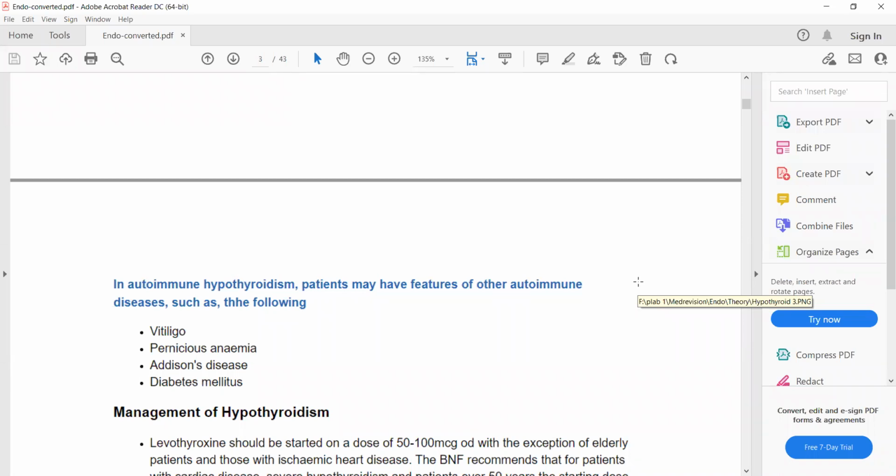Because T3 and T4 are low, they will stimulate the production of TSH from the pituitary gland through a negative feedback mechanism. So in primary hypothyroidism, T3 and T4 will be low and TSH will be high.